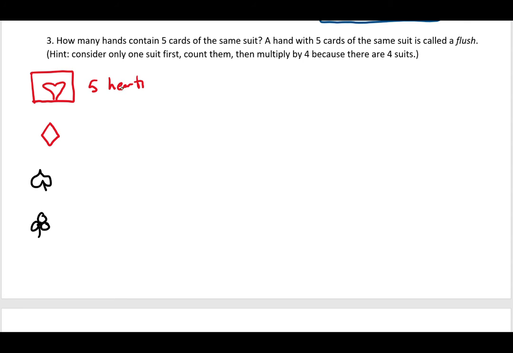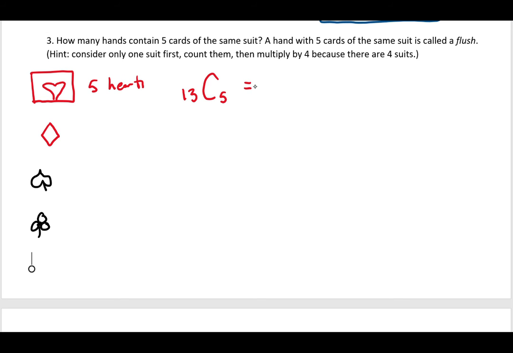Well, there's more than 5 hearts in the deck, right? There's 13 of them. You're picking 5 of them. So how many ways could you pick 5 cards out of 13 available cards? So there's 13 hearts in the deck. We're picking 5 of them. So that's a combination. 13 combination 5. Out of the 13 cards in the deck that are hearts, we're picking 5 of them.